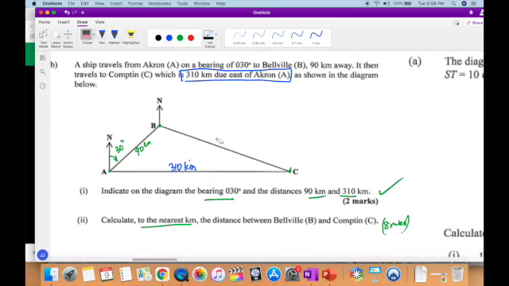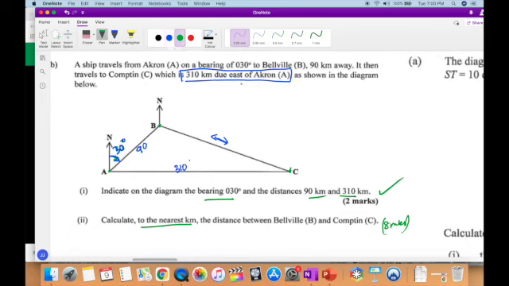How are we going to do that? We have all of the information that they gave us. This here is 30 degrees. This here is 90. This side is 310. We want to find this side here. How are we going to do that? You minus the 30 from 90.